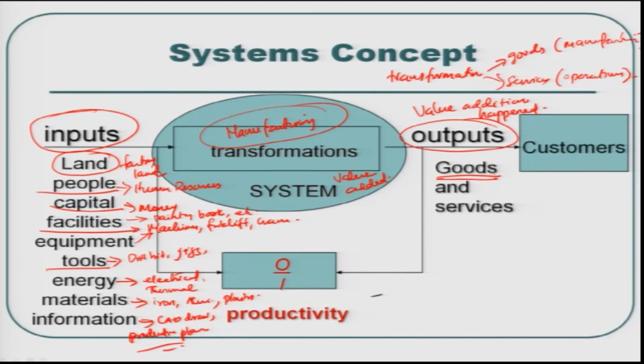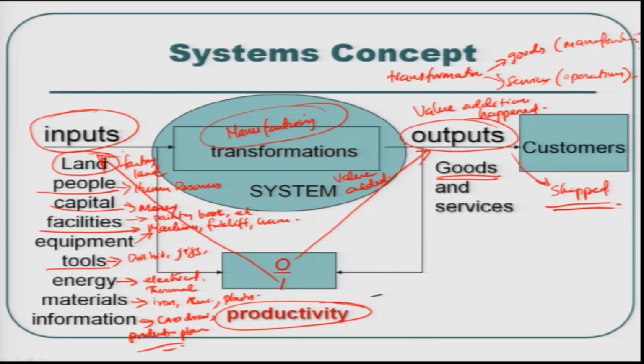We are focusing more on goods because we are on the manufacturing side, and these goods then get shipped to the customer. Then the productivity we can measure this way. It is the ratio of this output to these inputs. That is the system's view of productivity.